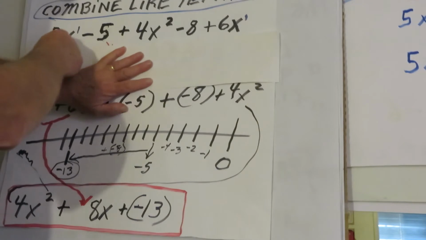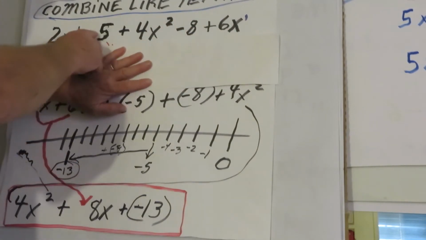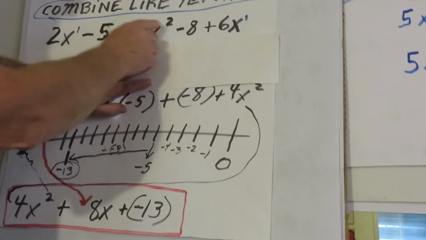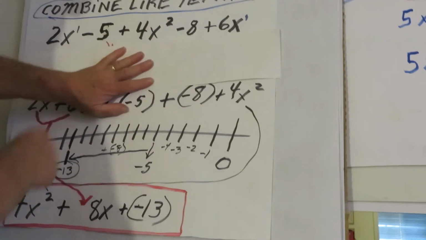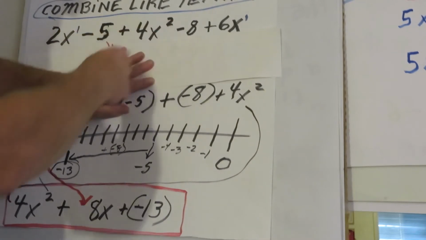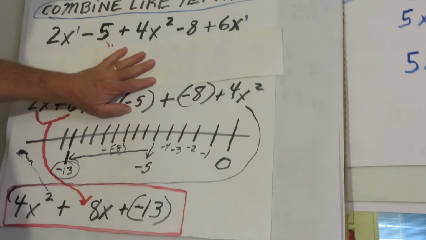So I'll be combining the 2x and the 6x. There's also minus 5 and minus 8 here. Those can be combined. 4x squared cannot be combined with anything because it's x to the second power and nothing else is x to the second power.